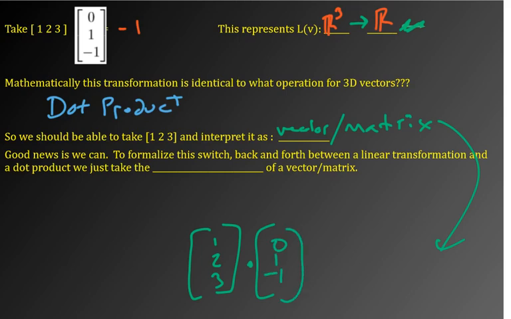So I can think of 1, 2, 3 here as a vector, or I can think about it as 1, 2, 3 written that way, which now I'm viewing as a matrix or a linear transformation. And so here it's dot product. Here it's matrix multiplication. They are 2 names for the same thing.